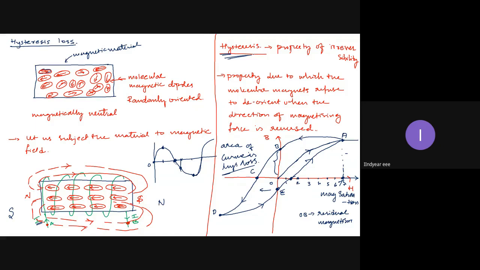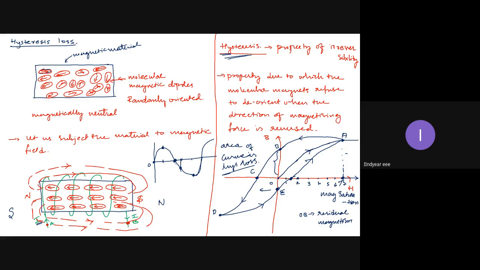So in the process of magnetization and demagnetization, whether I want it or not, the molecular magnets are getting oriented, deoriented and reoriented. To orient, deorient and reorient, the material will consume some energy. That energy is known as hysteresis loss. And this hysteresis loss occurs because of the irreversibility property of the material.